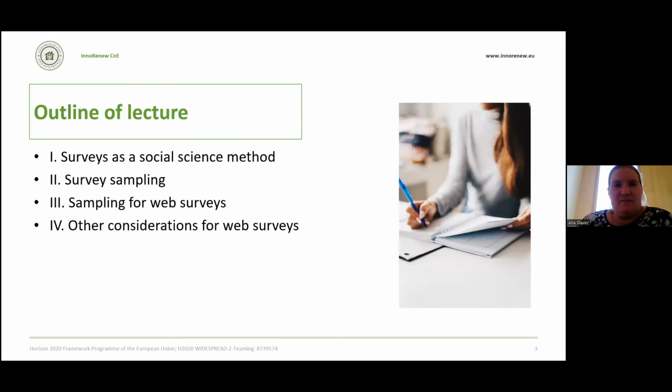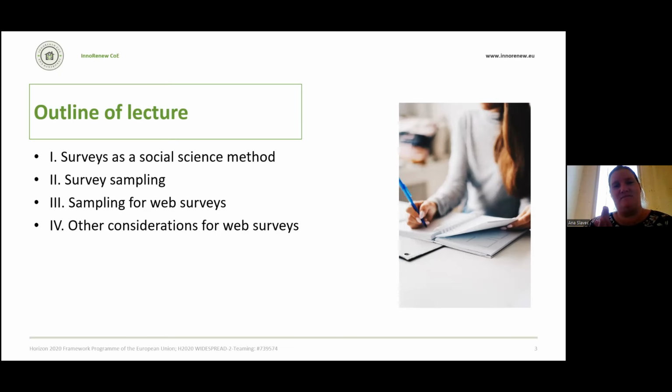Now, a bit of an outline of the lecture. Maybe the title is a bit deceiving because it's titled Recruiting. My first idea for the title was sampling for web surveys, but then nobody would participate because you would think, oh, this will be statistics, a lot of formulas, it will be very boring.